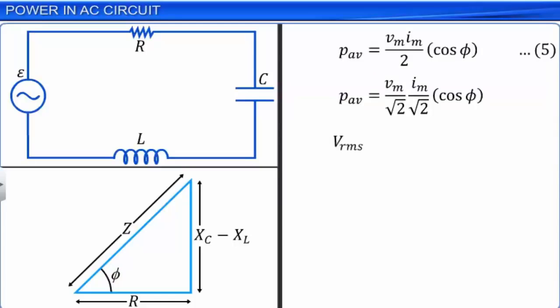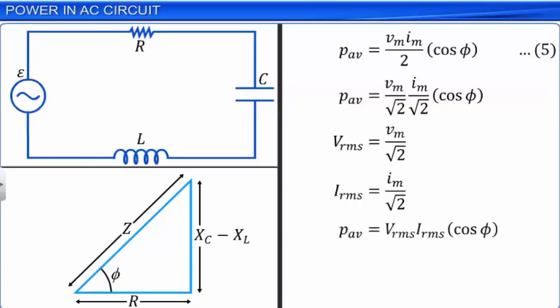Thus, average power dissipated PAV is equal to Vrms Irms cos phi. Let this be equation 6. Since Vrms is equal to Irms into Z, we can write average power PAV is equal to Irms square into Z cos phi.